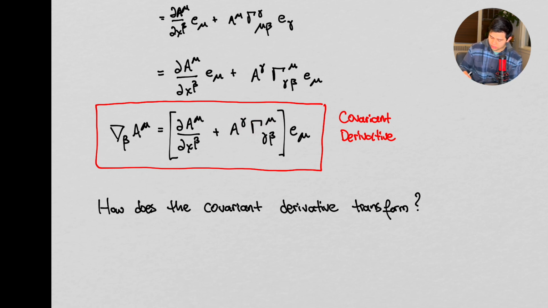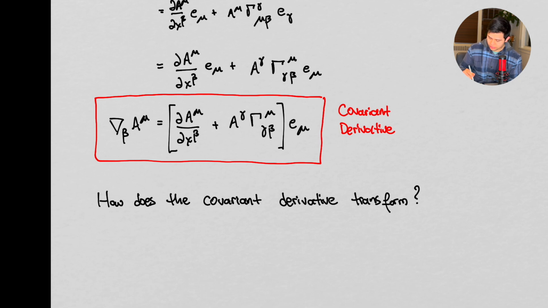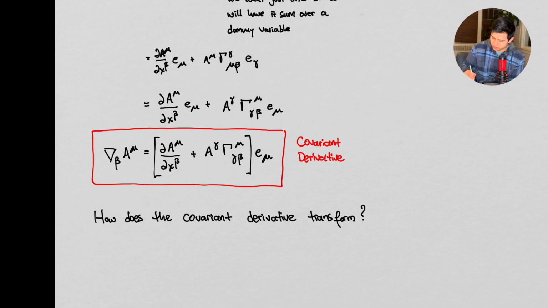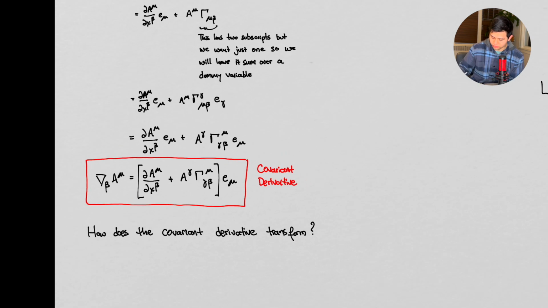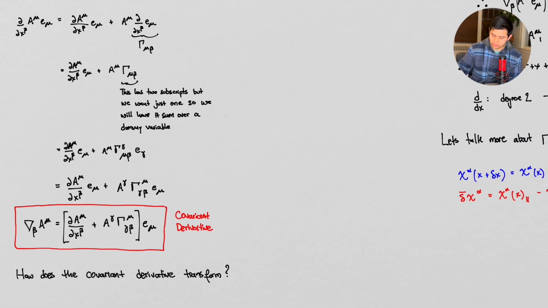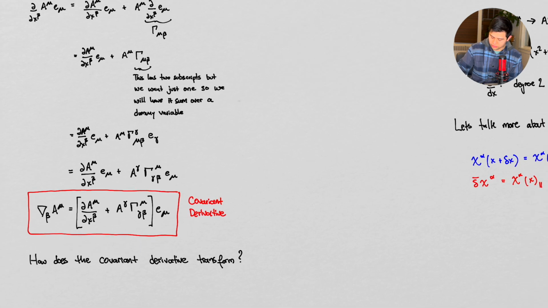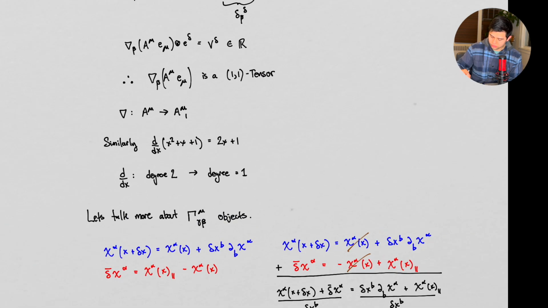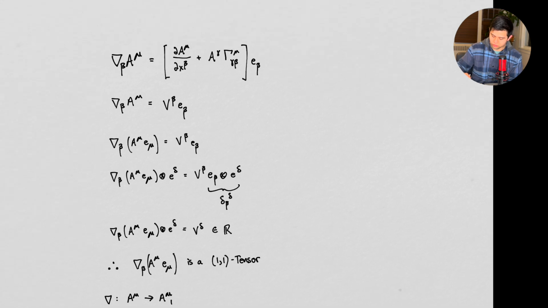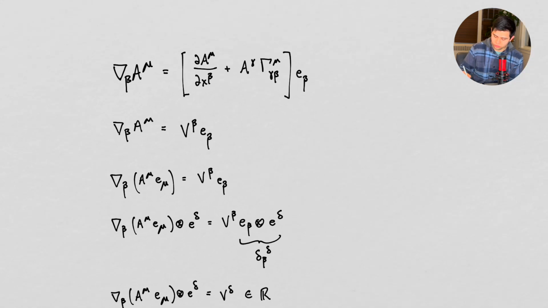So how does this covariant derivative transform? I lied a little bit. We're going to talk a little bit about the transformation of this covariant derivative before we talk about the affine connection, just to put this in a deeper context. So we have right here our covariant derivative.